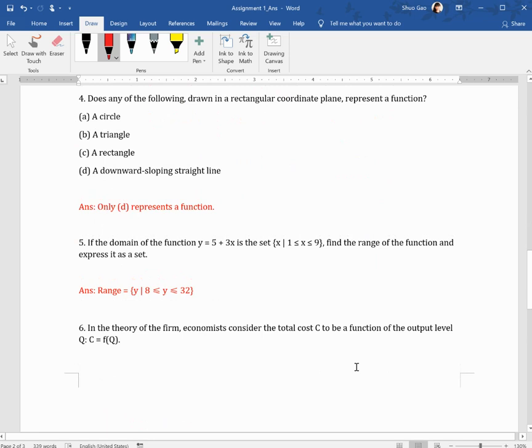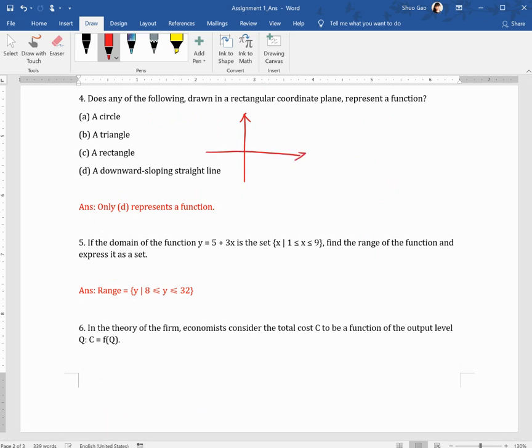And question 4, does any of the following represent a function? Okay, let's draw the coordinate plane. So A is a circle. Of course, it is not a function, because the definition of a function means that for a given x, there's only one y value corresponding to the value x.